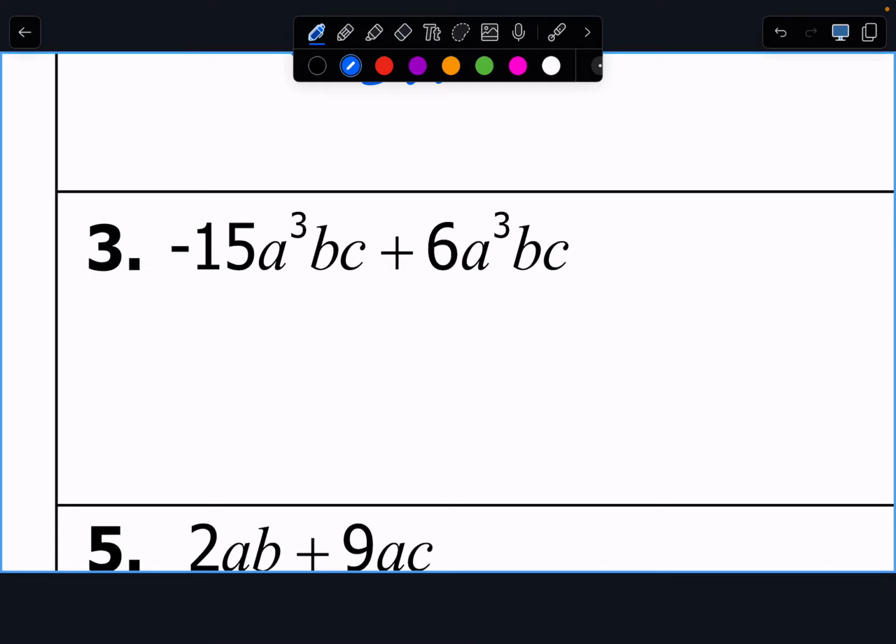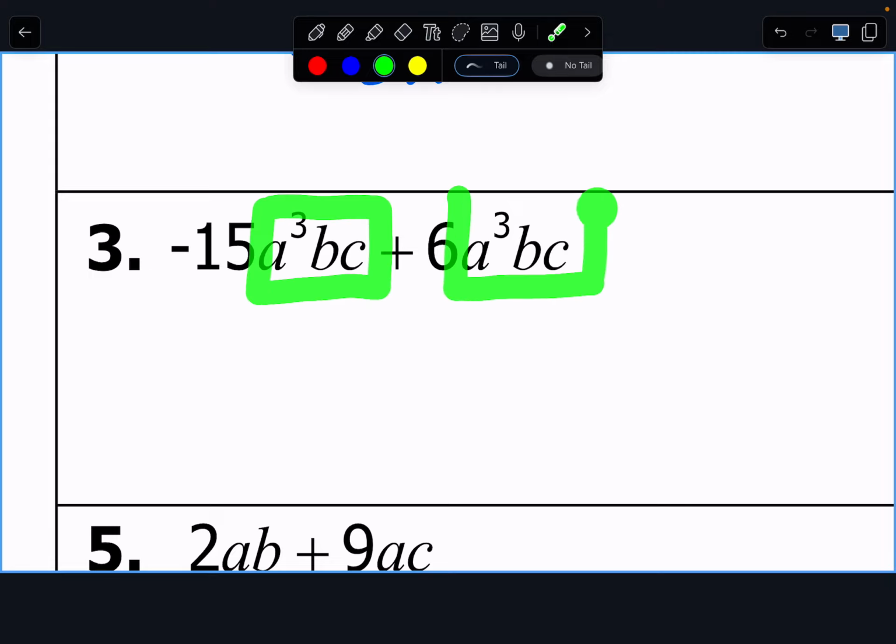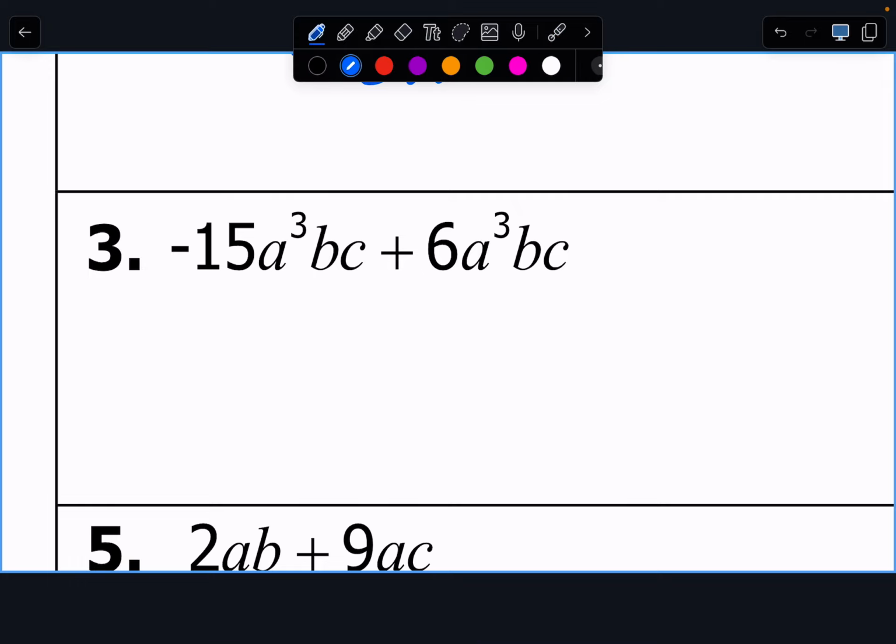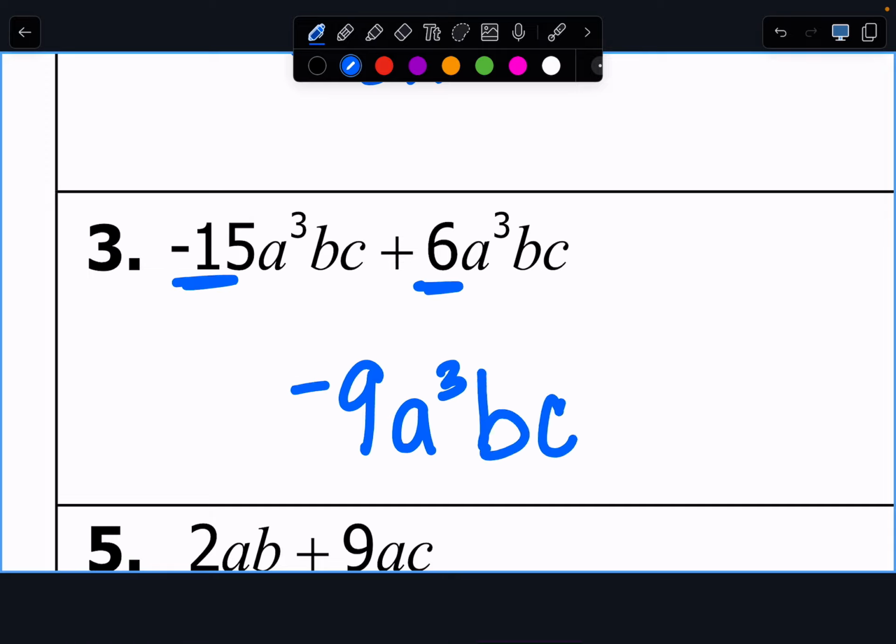Are these two like terms? Yes, it's a little complicated, but they're both a cubed bc. Since those are the same, we can combine like terms. How many do we have? Negative 9, and we keep the a cubed bc.